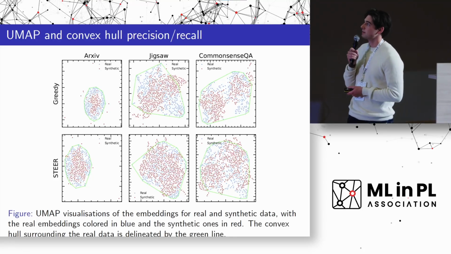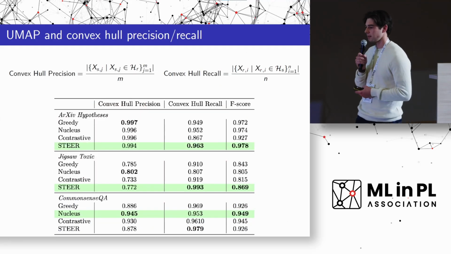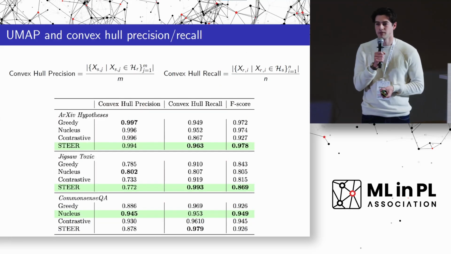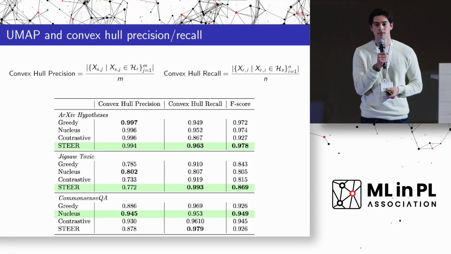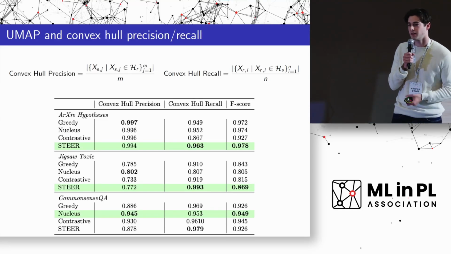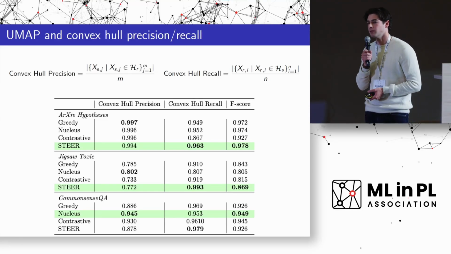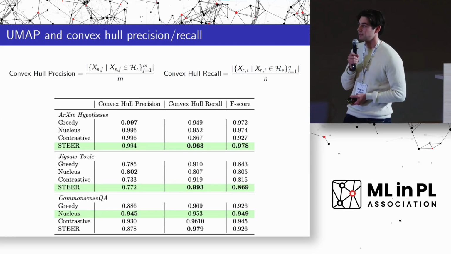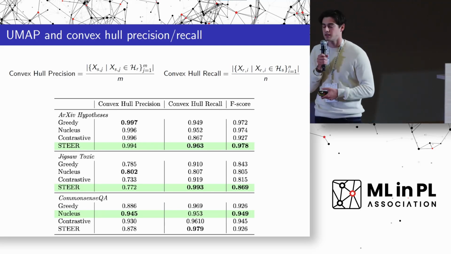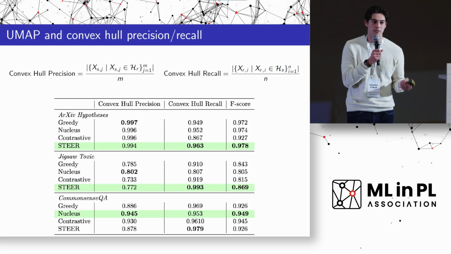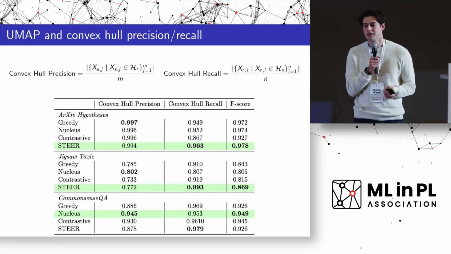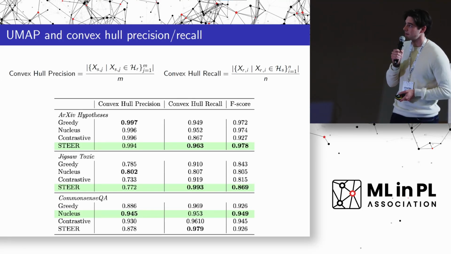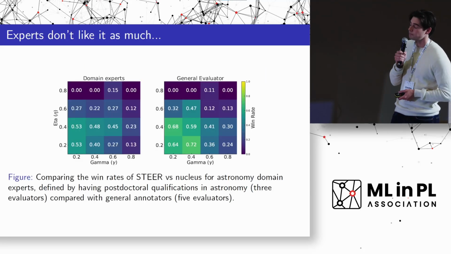And this leads to the notion of perhaps a convex hull precision and recall, so seeing how many synthetic examples are contained within your real convex hull, and then vice versa, how many real examples are contained within your synthetic convex hull. This is a bit hard when you reduce dimensions because obviously you lose a lot of interpretability and a lot of information, but STEER seems to do quite well on this as well.